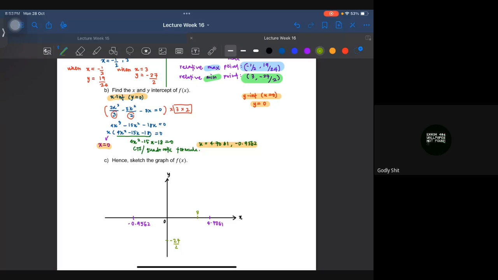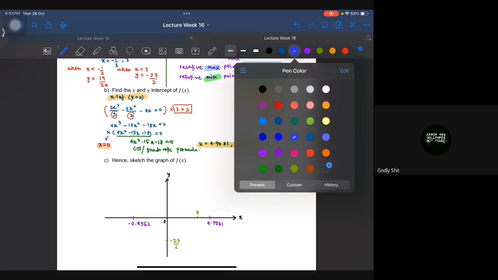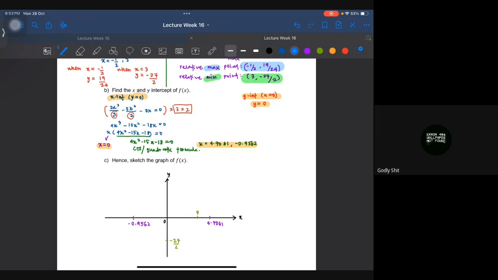Okay, lepas tu for the blue one, let me change the color. So kita ada negative 1 over 2. So somewhere over here lah, negative 1 over 2 is negative 0.5. Okay, and then 19 over 24 dekat atas sini. Okay, so kena label lah, this one adalah maximum. And then dekat bawah tadi adalah kita punya minimum.